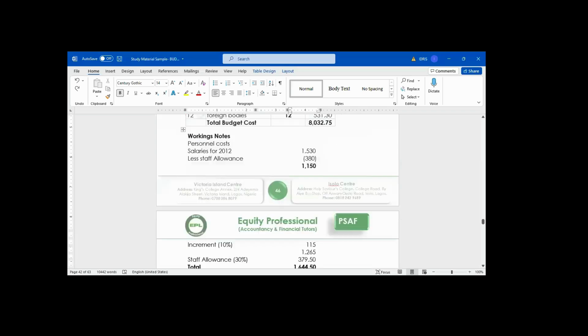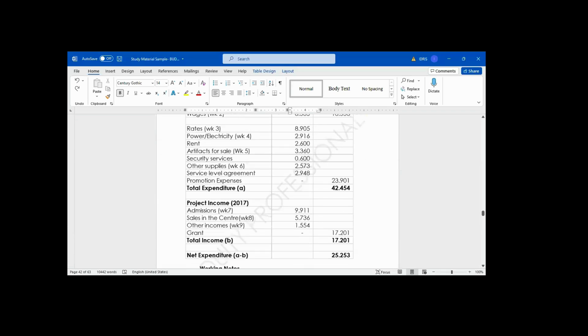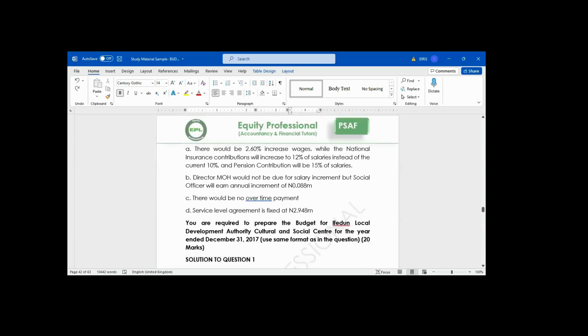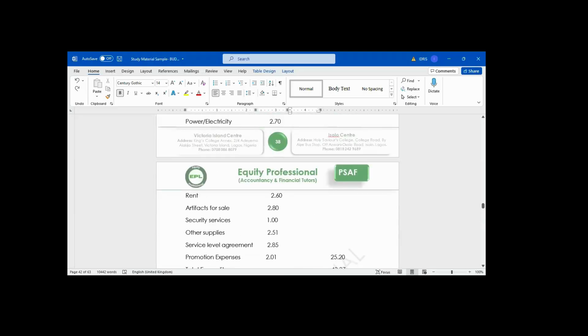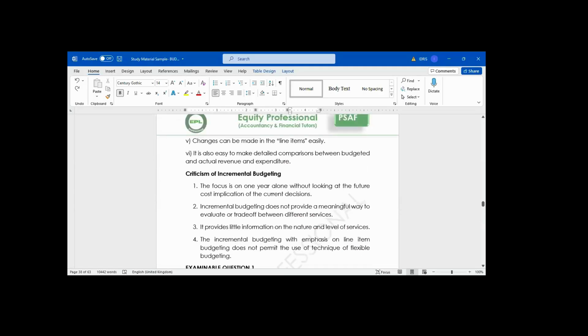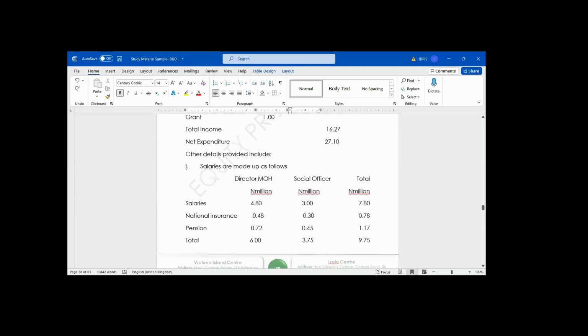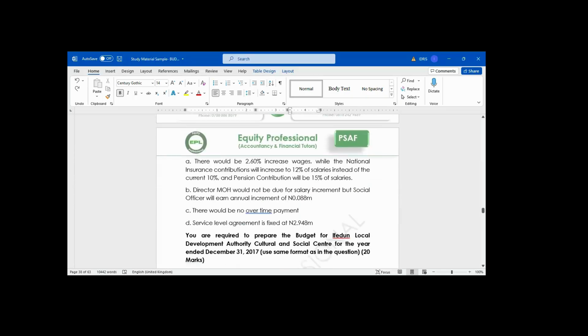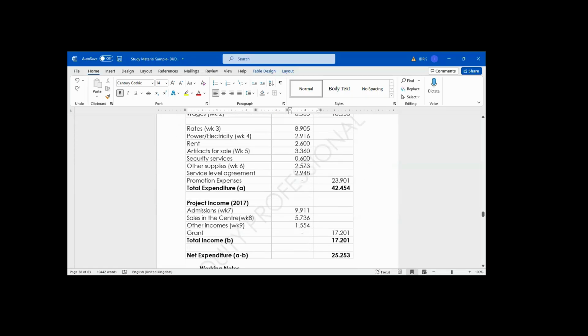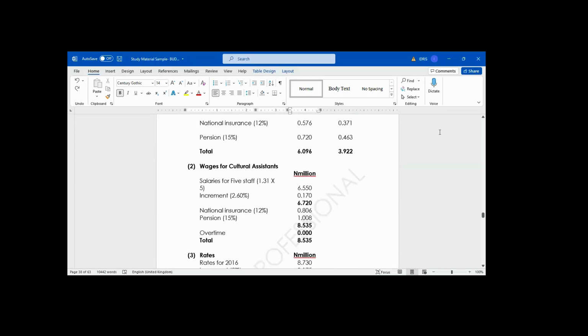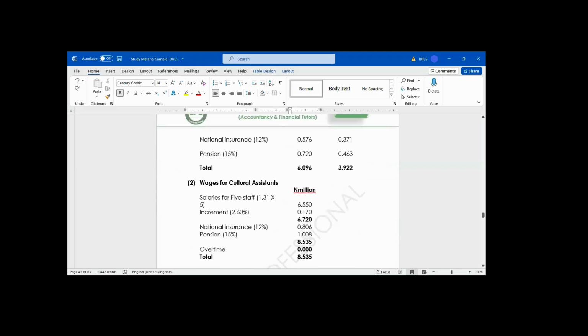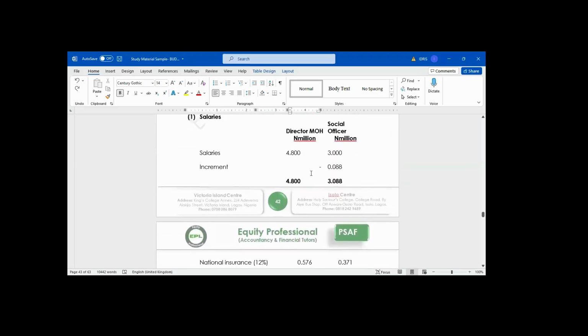We are told that only the social officer will receive an increase in salary. The Director of MOH will not collect an increase. That means salary alone for 2017 for the director is 4.8.